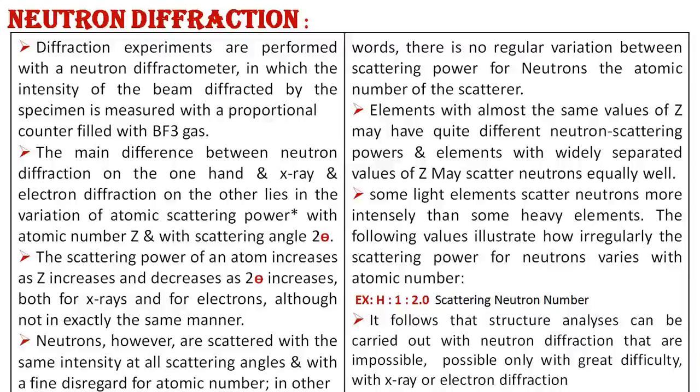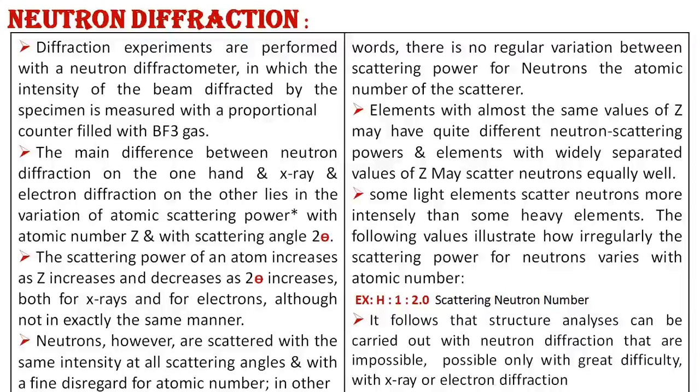Elements with almost the same values of Z may have quite different neutron scattering power, and elements with widely separated values of Z may scatter neutrons equally well. Some light elements scatter neutrons more intensively than some heavy elements.